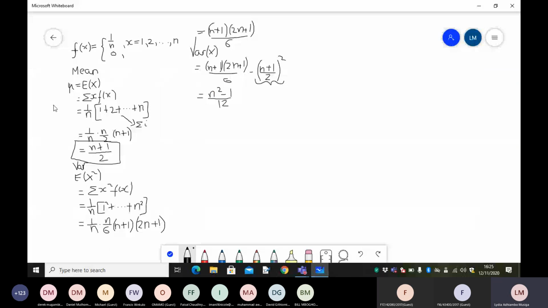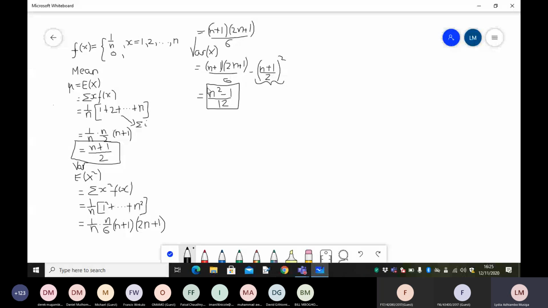Okay, we continue. So why don't we look at an application, a question whereby we can apply what we have obtained about the mean of the discrete uniform distribution, and also what we have obtained for the variance of the discrete uniform distribution. So let's look at an example.